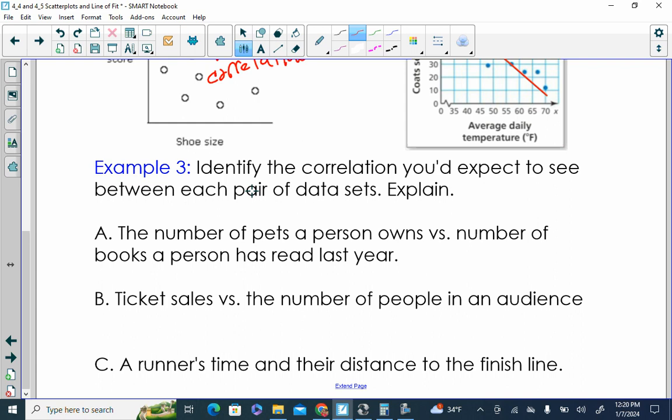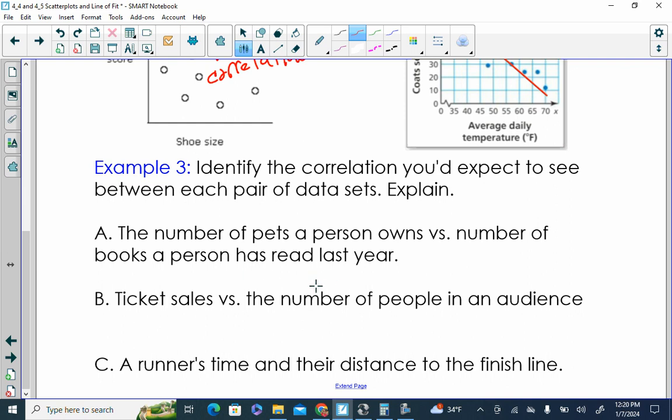In example 3, you're asked to identify the correlation you'd expect to see between each pair of data sets and to explain. In example A, it says the number of pets a person owns versus the number of books a person has read last year.